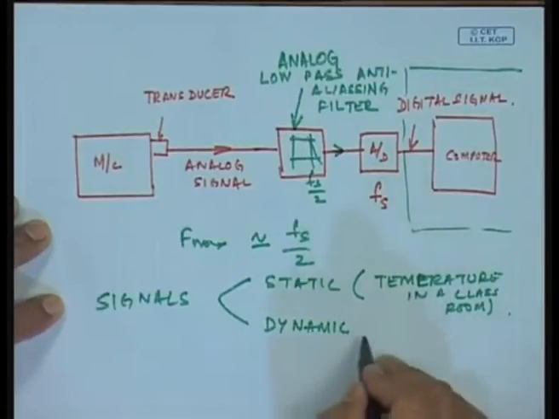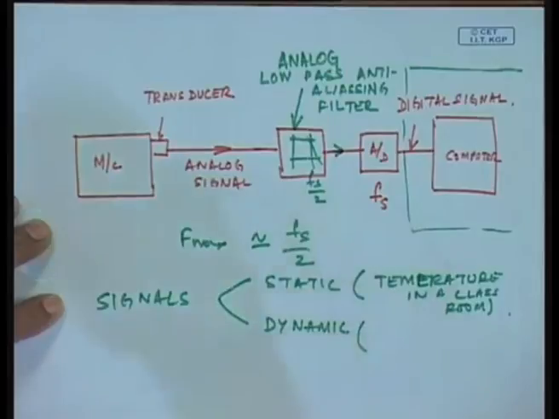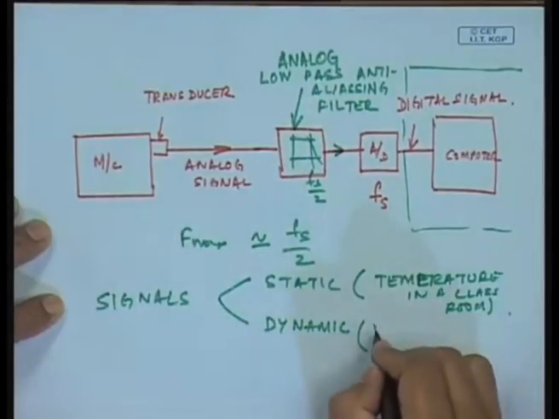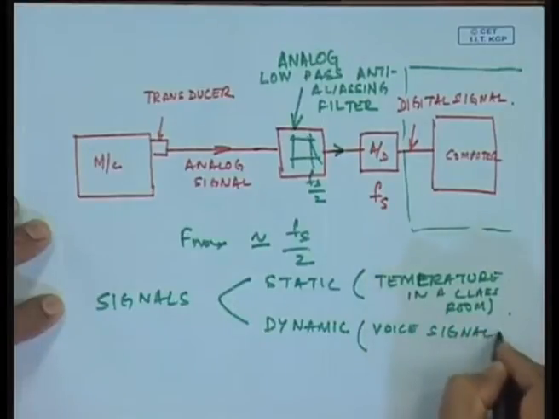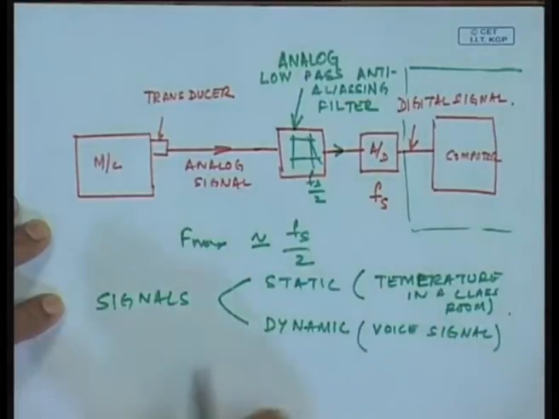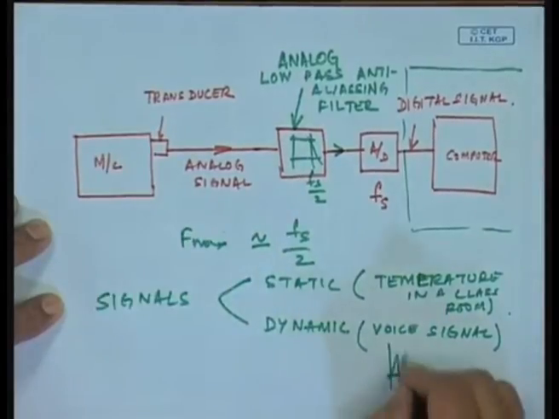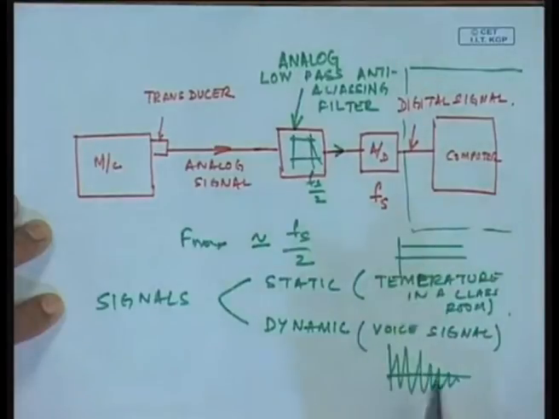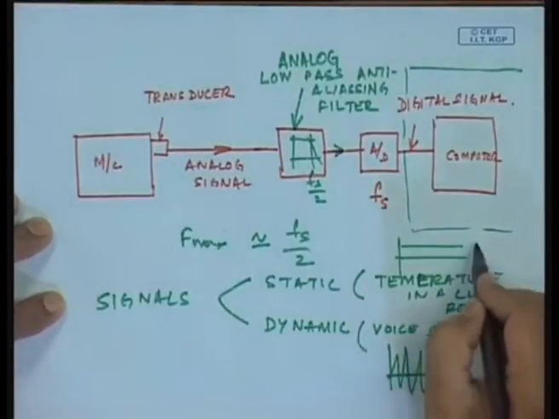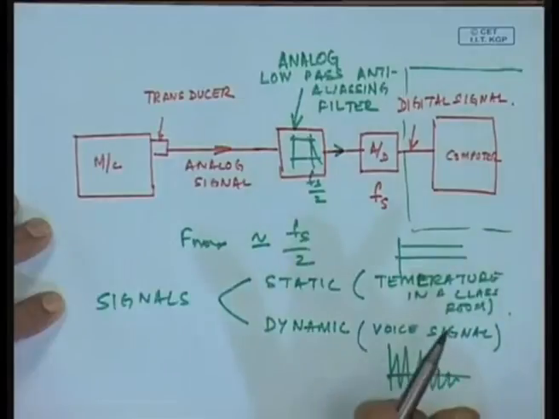Okay. For example, dynamic: while I am speaking, my voice signal, sometimes I am speaking, sometimes I am speaking louder, sometimes I am pausing. So, it is changing with time, and this is almost a constant. So, one is a DC signal or a static signal and another is a dynamic signal.